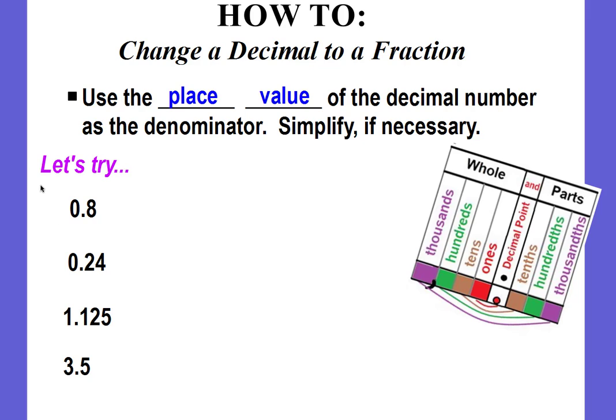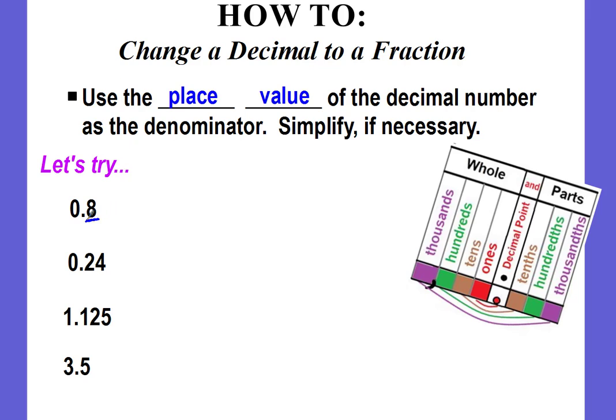We're so used to reading this as 0.8. But when you want to write it in fraction form, if you read the decimal value correctly, the right way, it's going to tell you what your denominator is. So we read this as 0 and 8, and then you say the decimal place value.